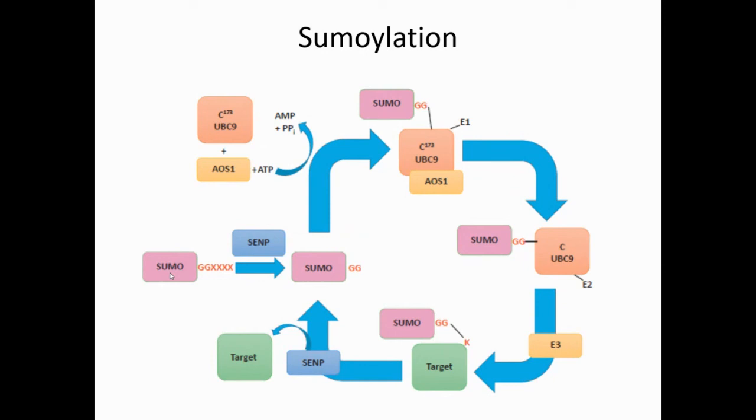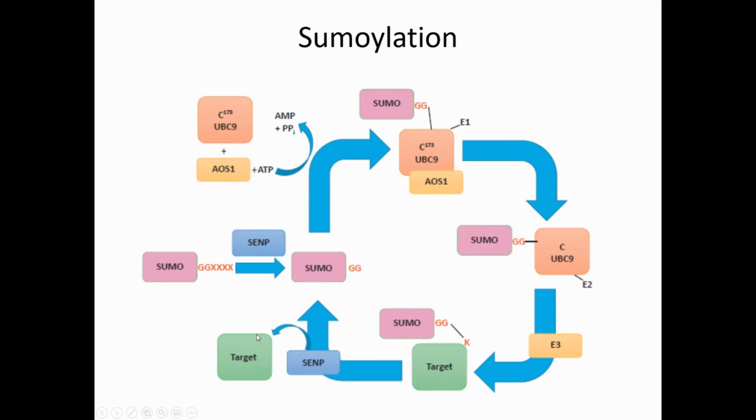It covalently ligates to the target protein through a 3 enzyme conjugating system. When it attaches to a protein, the protein can participate in several important cellular functions like DNA repair, transcription, protein homeostasis, and protein trafficking.